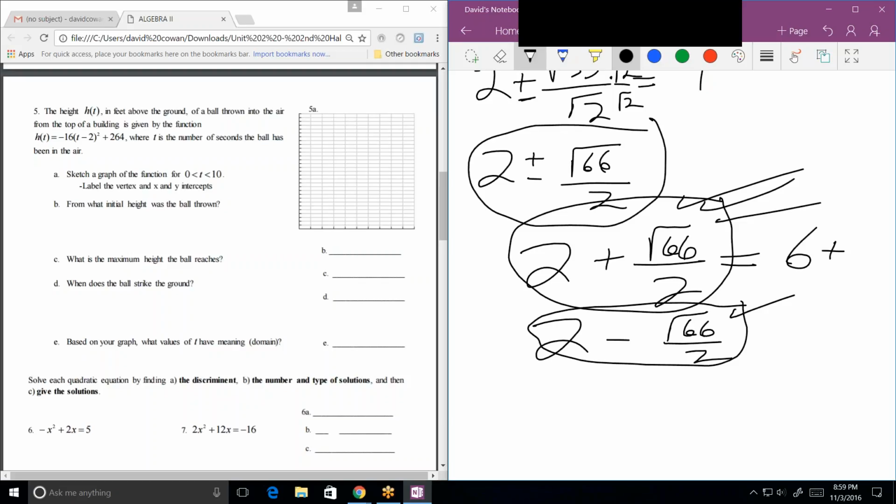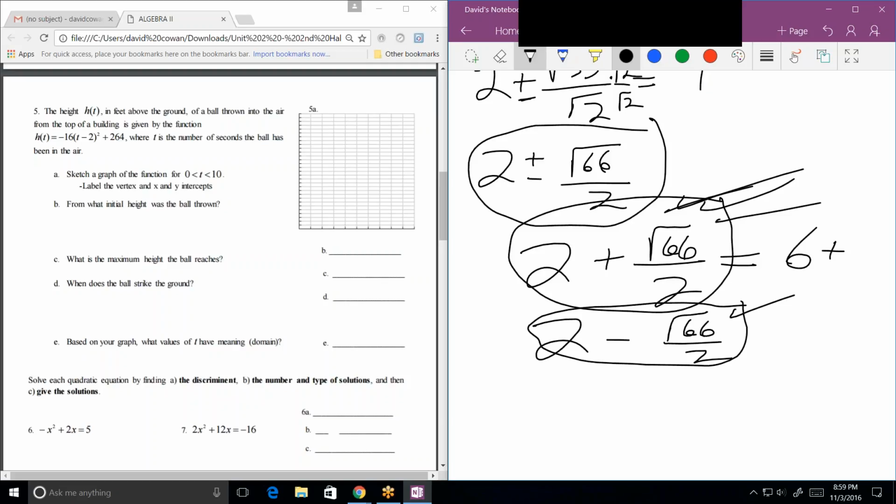A little bit after 6 seconds, it hits the ground. So my effective domain is 0 to this number. There's no point in talking about what happens at 7 seconds. It's still lying on the ground. In other words, it doesn't continue to go down.